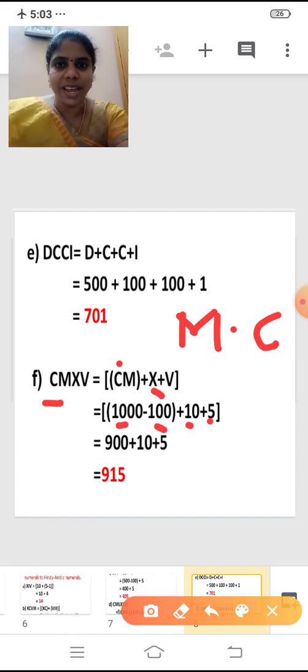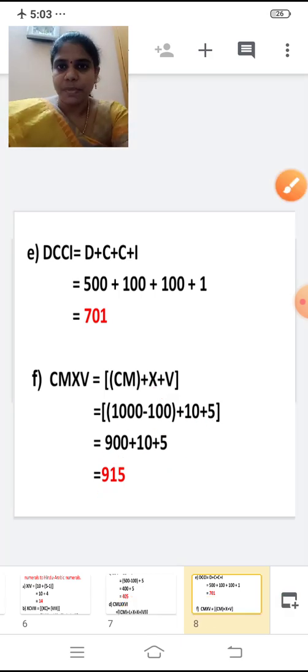So 1000 minus 100 is, what is the value of 1000 minus 100? 900 plus 10 plus 5. Add and tell me the answer now, children. 900 plus 10, 910 plus 5, 915. Answer is 915.